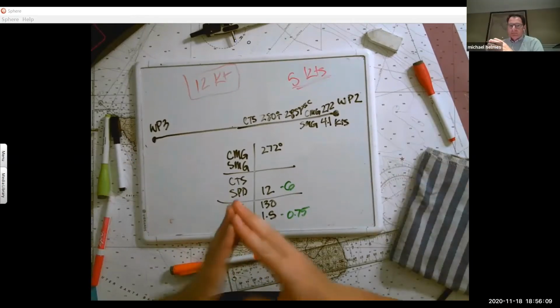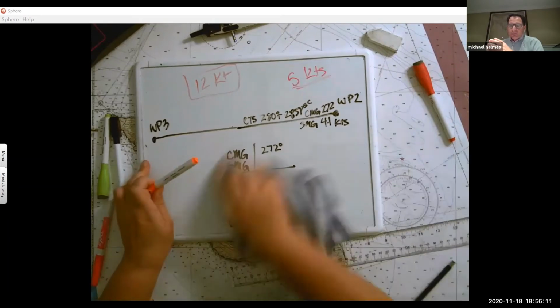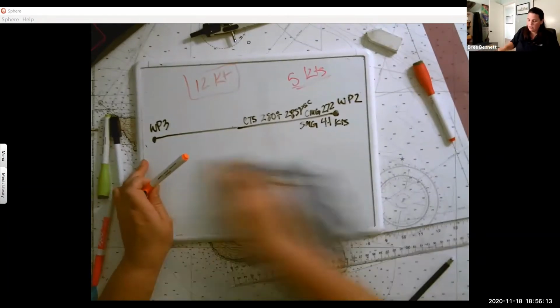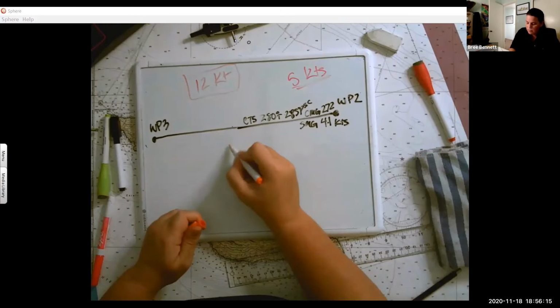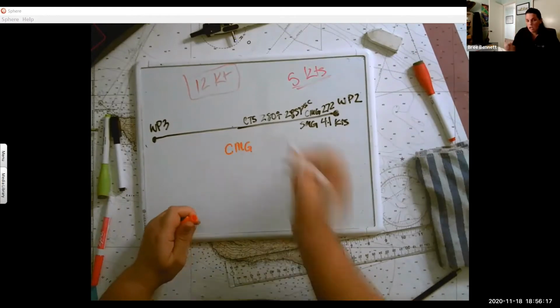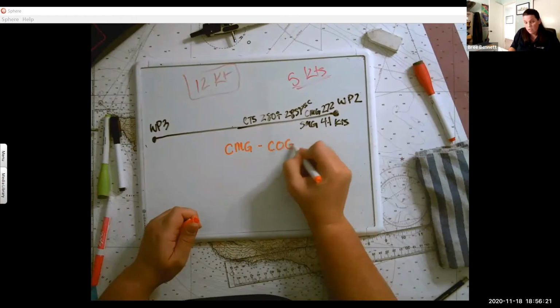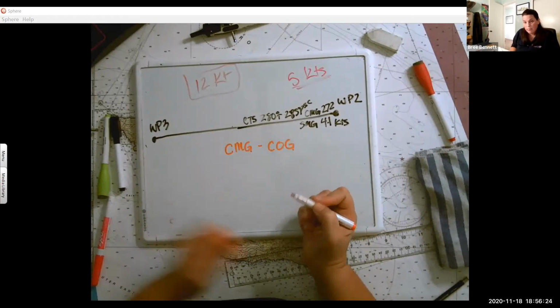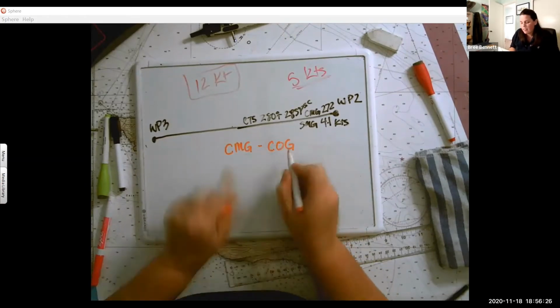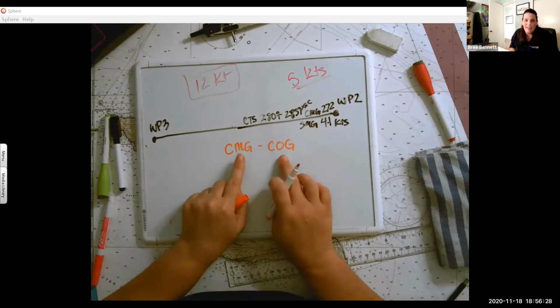Right? So when we look at those terms, we have course made good, which is also interchangeable. Some people like to use course over ground. And it kind of depends on what your tool on board has.